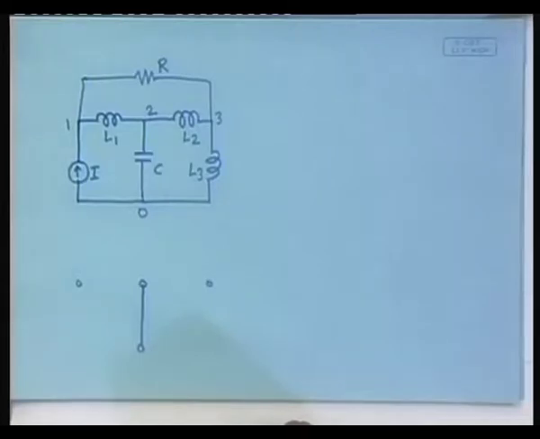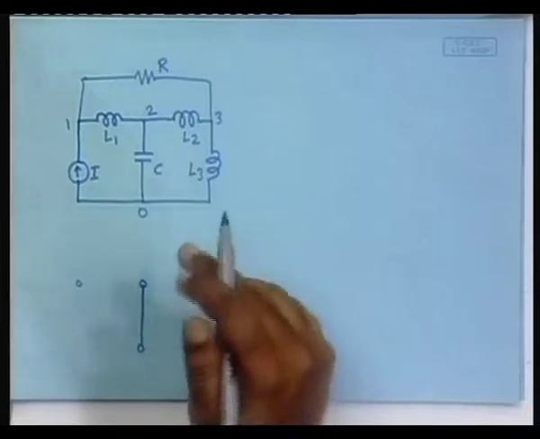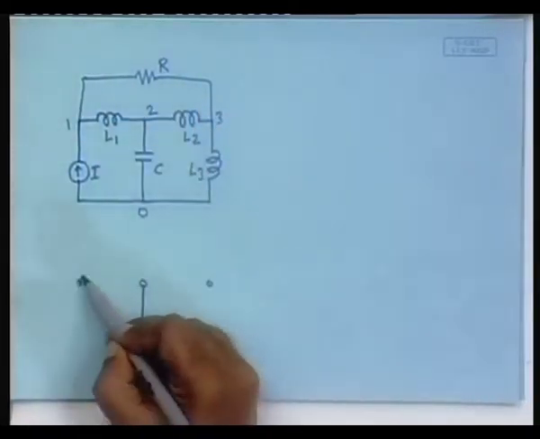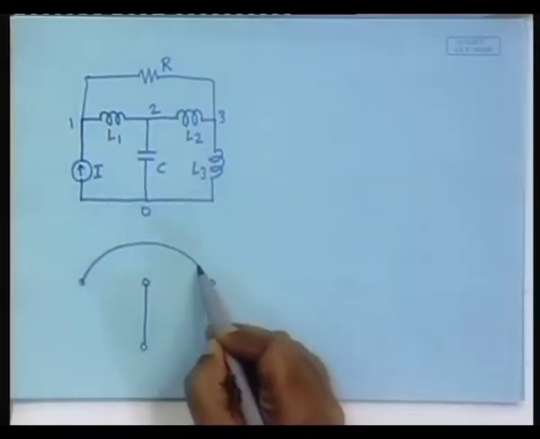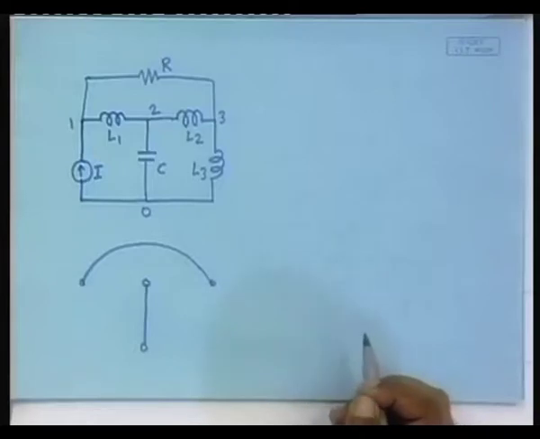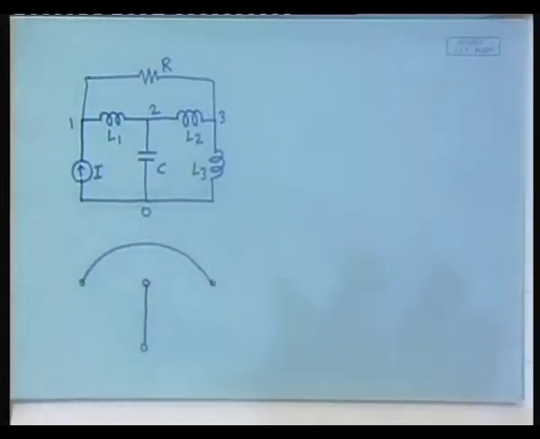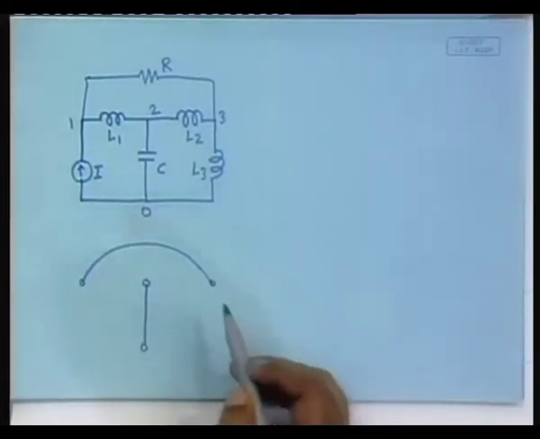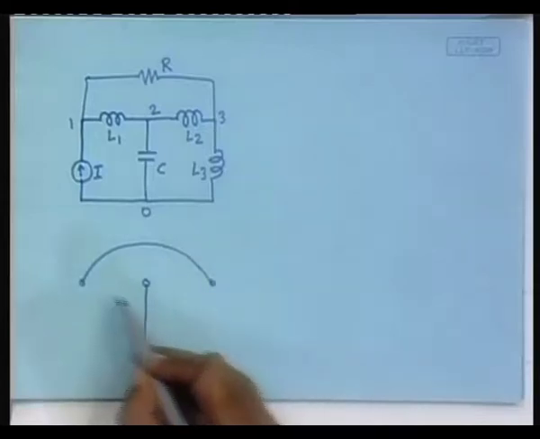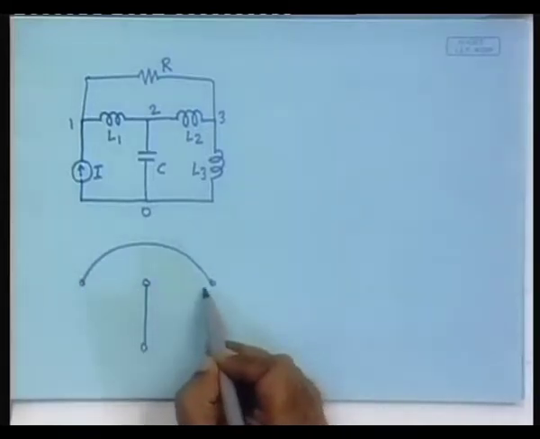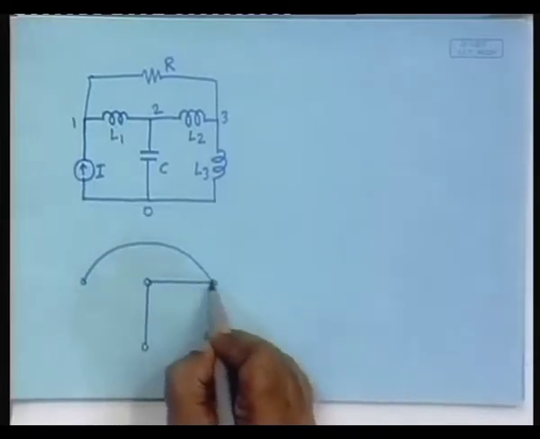Okay. Then we have to include the maximum number of resistors, which is here, so we include this first, and then the number of inductances necessary to complete the tree. So which one? Say we could do it this way, we could do it this way, we could do it this way, but not both, just one. So let us say we have done it this way.